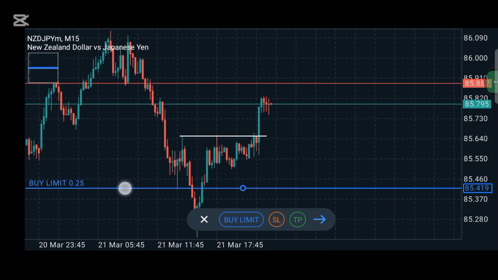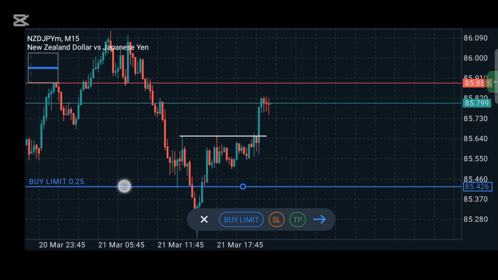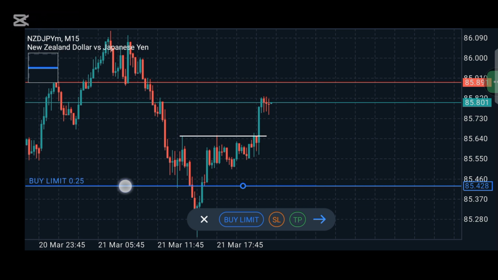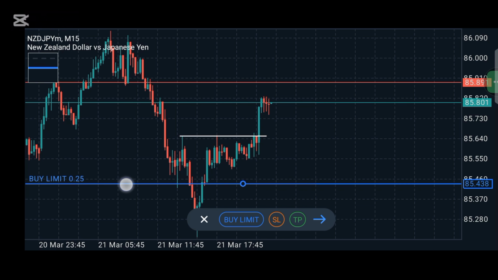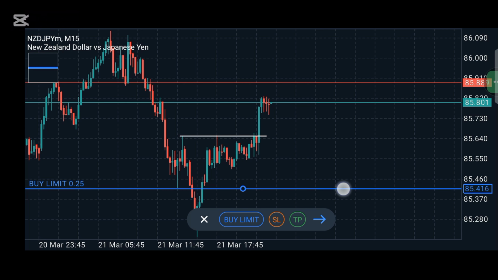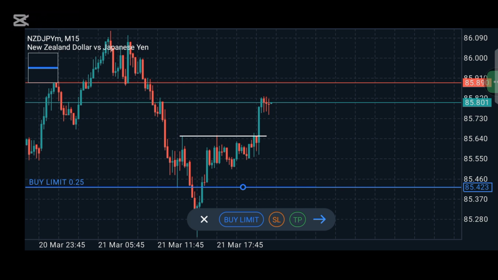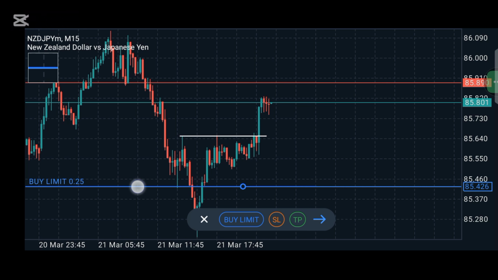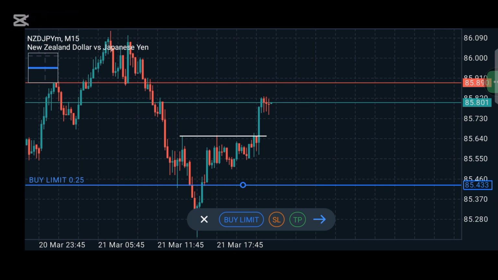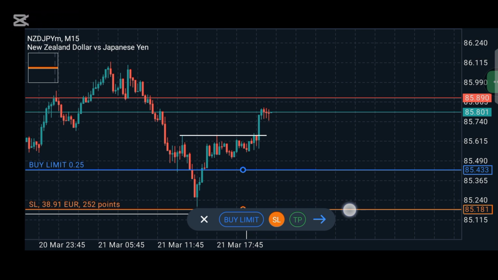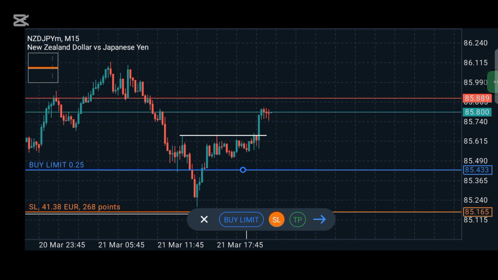Okay, 433 is this level. I don't know why we are having a different view here. Let's just put it at this level here, 85.433. Then the stop loss is going to be below this low. Let's just set it as particular.